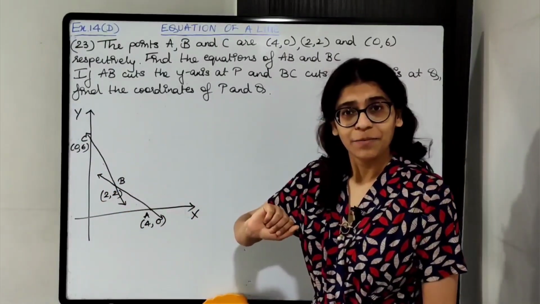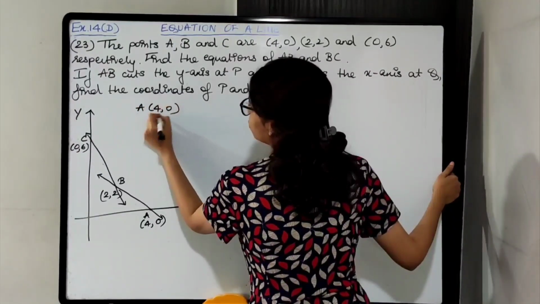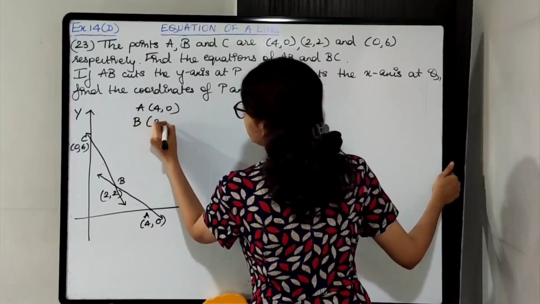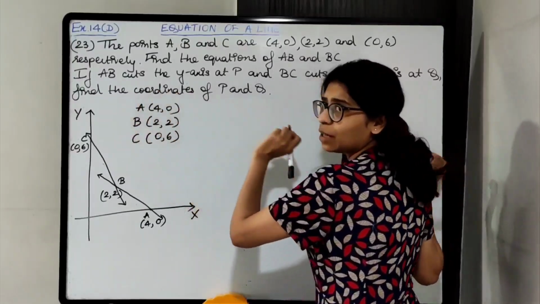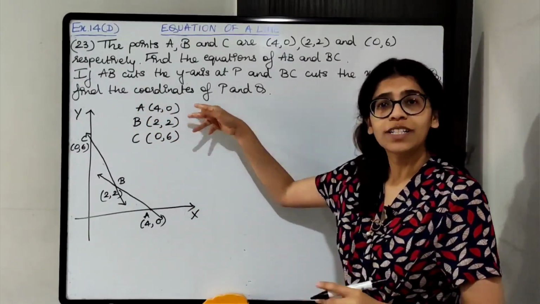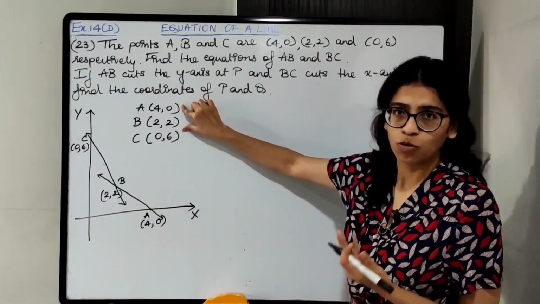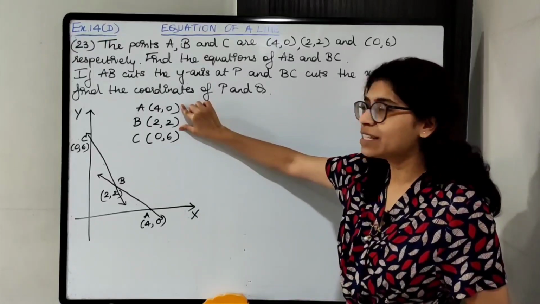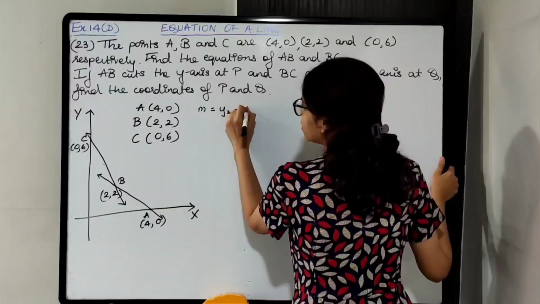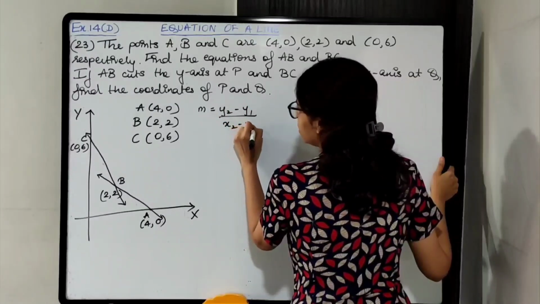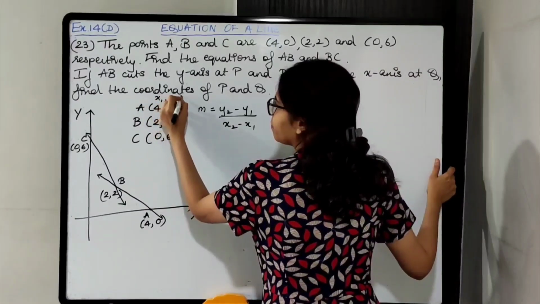For AB, I have the coordinates of A and B. A is (4, 0), B is (2, 2), C is (0, 6). I'll just write down all the coordinates first. So for AB I know the coordinates of 2 points. I can use the two-point form. First I'll find the slope of AB. Slope is required for the equation. So slope we can easily find using the formula y2 minus y1 upon x2 minus x1. Consider A as x1, y1.